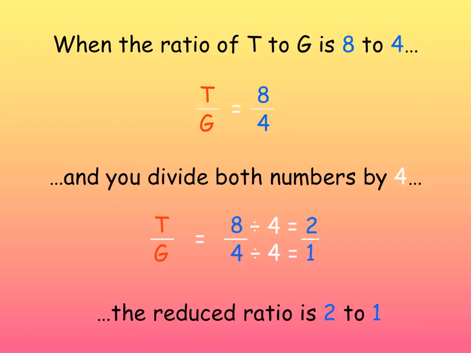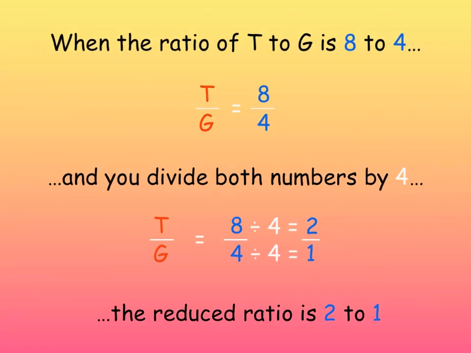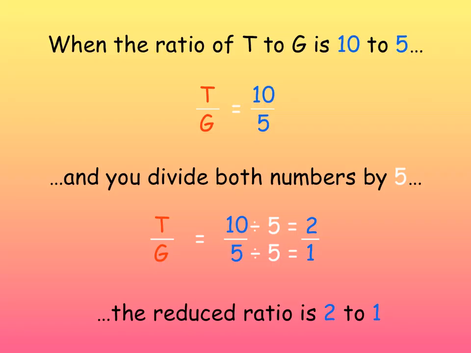And when the ratio is 8 to 4, and watch this, if you divide both numbers by 4, 8 divided by 4, 4 divided by 4, the reduced ratio is 2 to 1. When the ratio is 10 to 5, and you divide both numbers by 5, 10 divided by 5, 5 divided by 5, guess what?